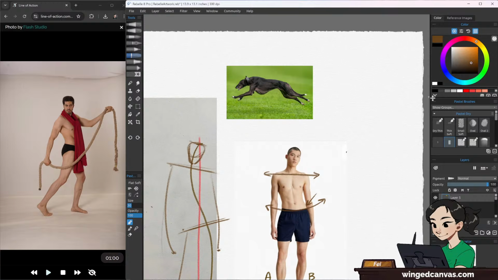So just like people, animals also have gestures. There are different ways you could approach this. For this one, you might say the overall gesture is like this. He's leaping, right?